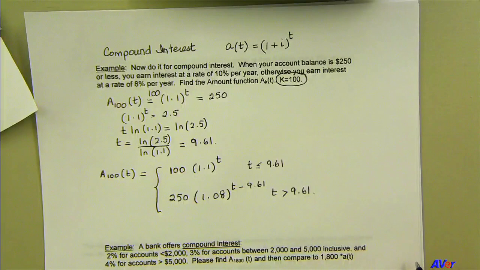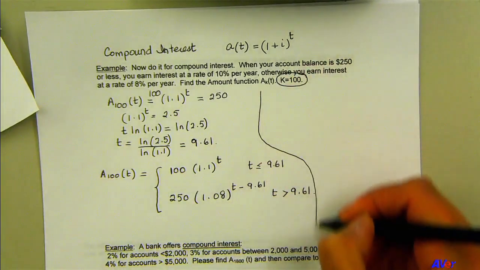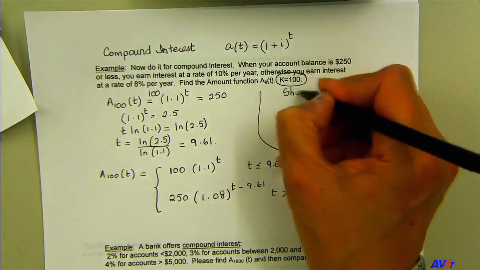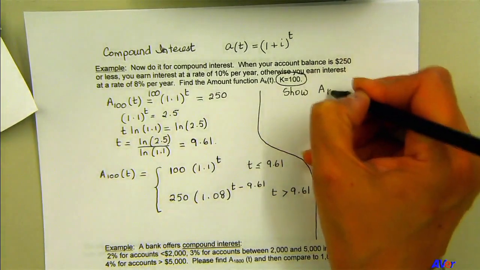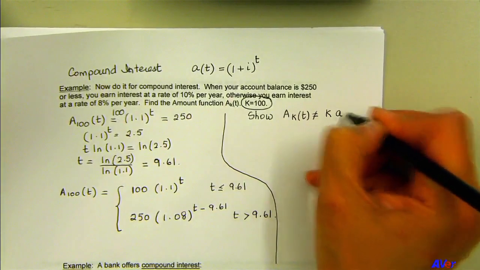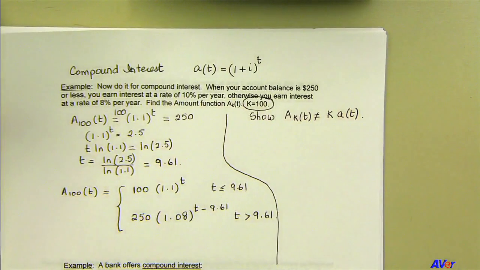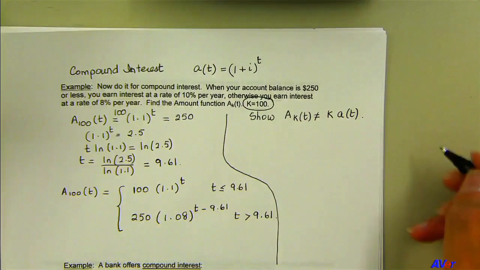Okay, I want to show that AK of t is not equal to KA of t. So what is A of t? Why am I doing this?